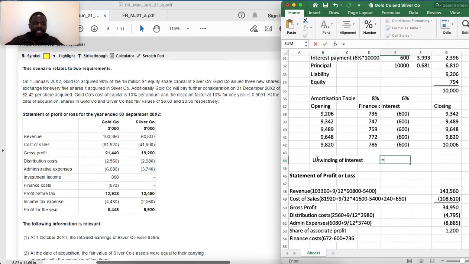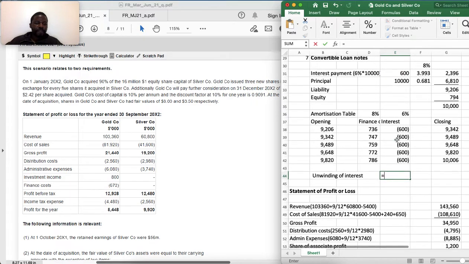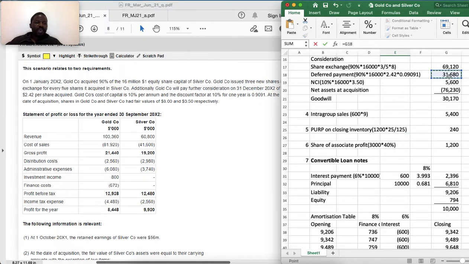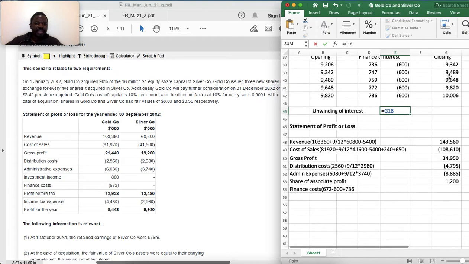So here we'll say the figure was what? 31,680. We need to multiply by 10%. Now we need to remember the 9/12 because we are not unwinding up to December, but we are unwinding up to 30 September. 10% there. We get that figure, 2,376, that we need to also add to the finance cost.